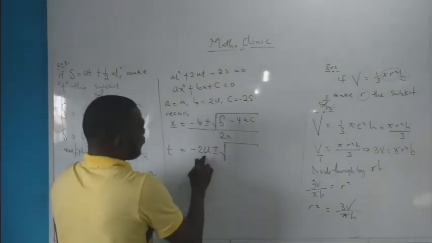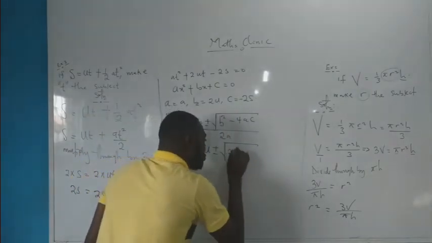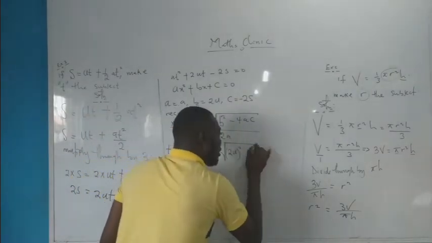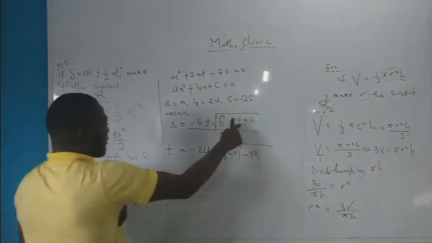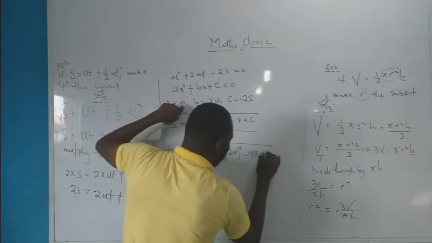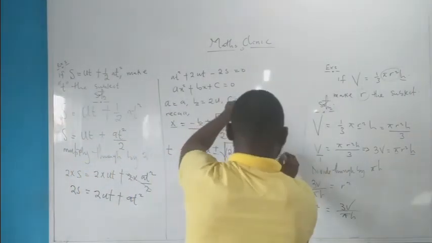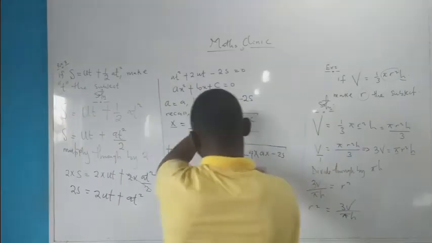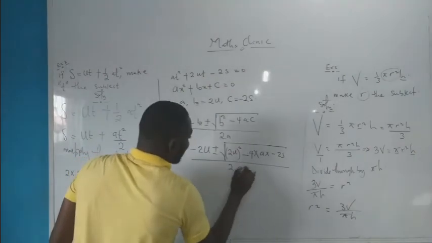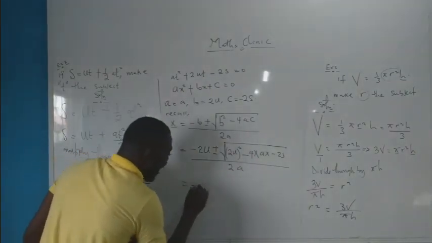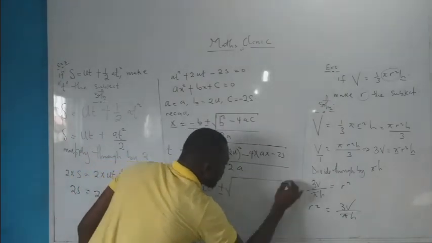What's b? b is 2u, that will be 2u all squared, minus 4 times a times c. What's c? c is minus 2x. Everything over 2a.